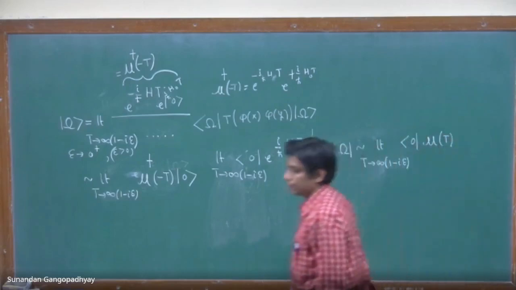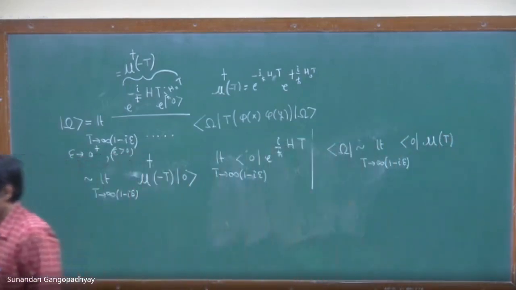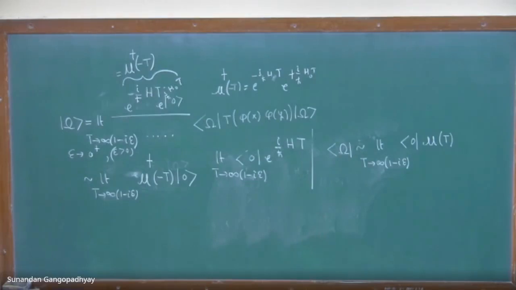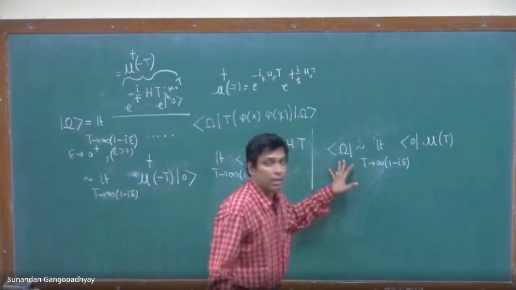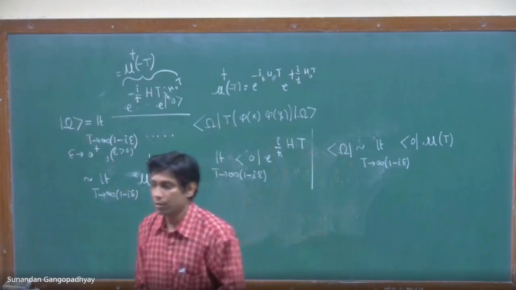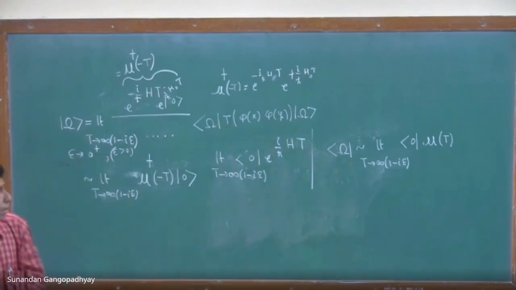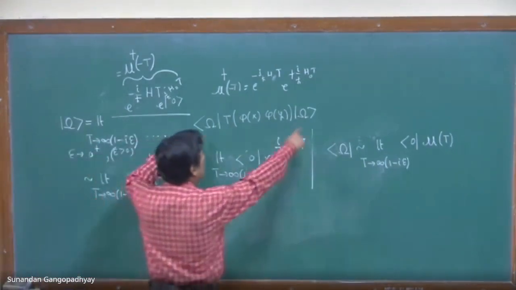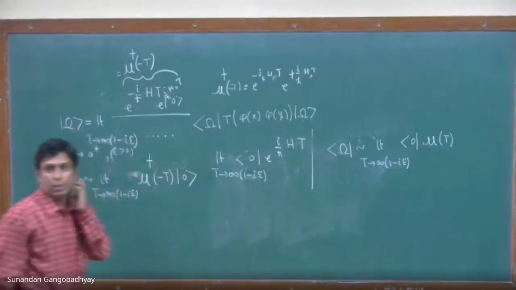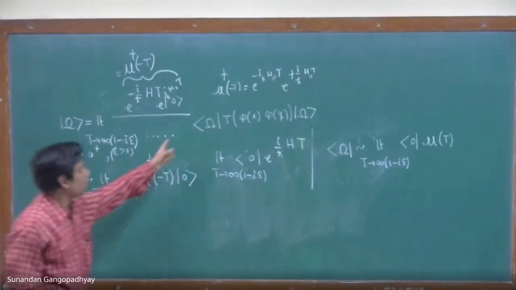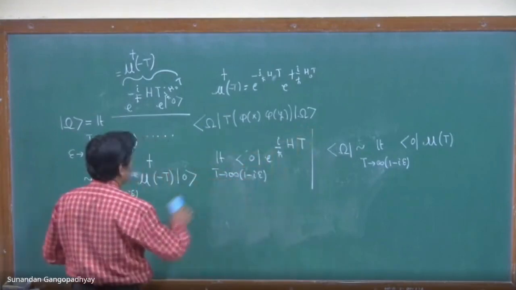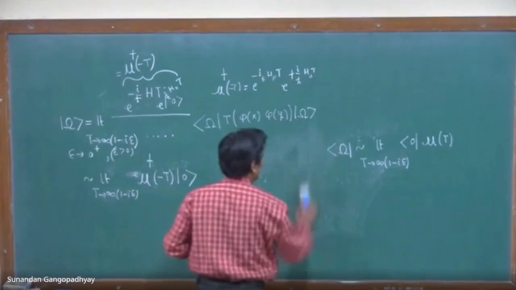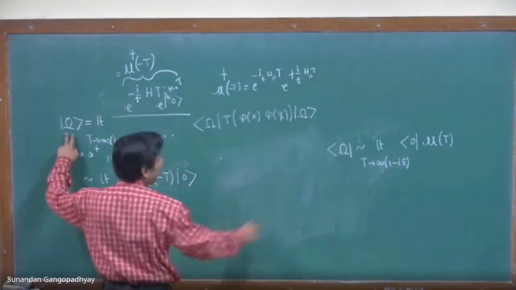That is what you will get. You just follow the same steps as I've just done for ket omega. You do it for this one. You will get the relation between bra omega and bra 0. So we know what these things are. So now we need to calculate this full thing, and we shall do that now. What we need to do is just substitute ket omega and bra omega here.